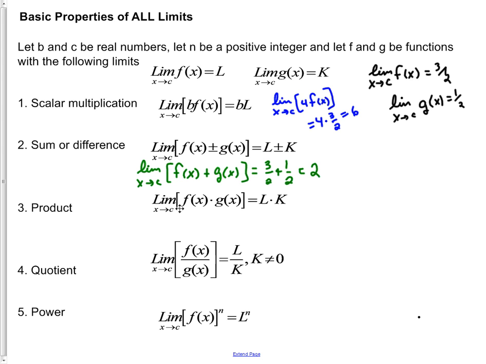The limit as x approaches c of f of x times g of x is exactly the same as taking the product of the limit L times the limit k.